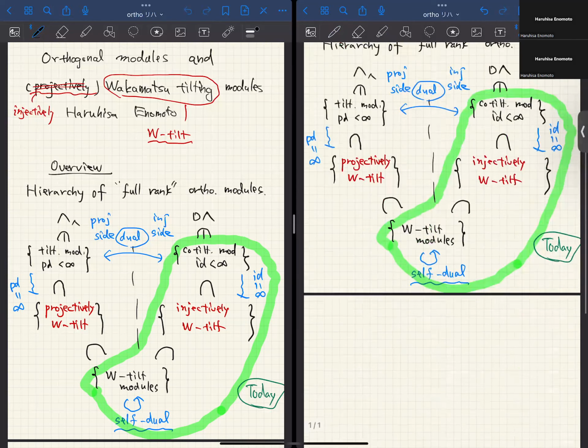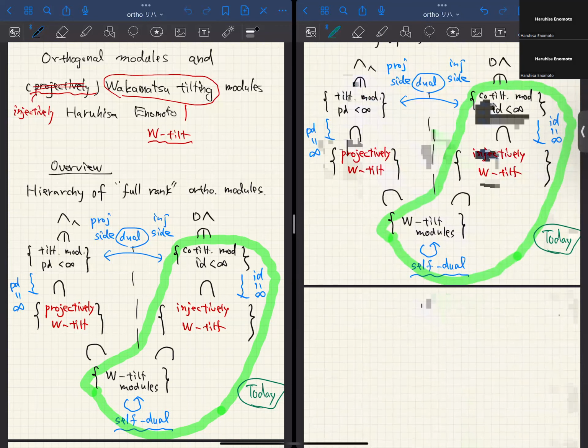So this is the overview. Let's go to the body section, and I start with the setting of today's talk. I always denote by lambda a finite dimensional K-algebra over a field.